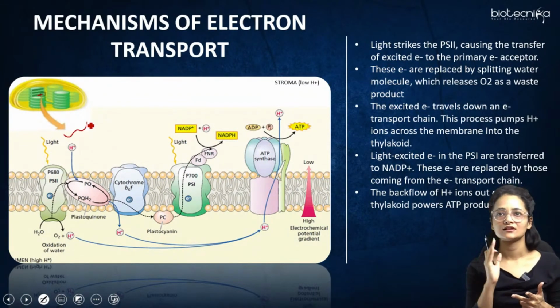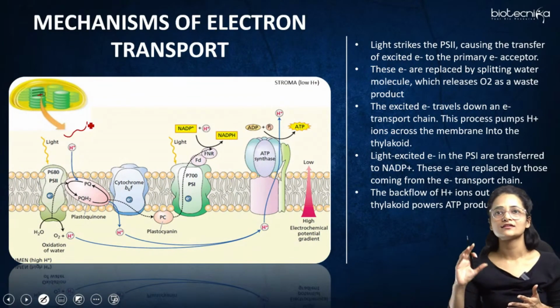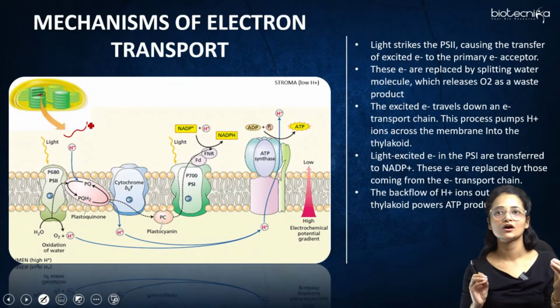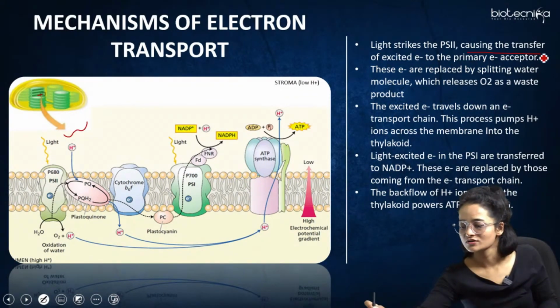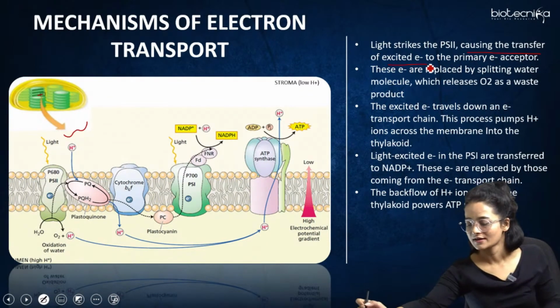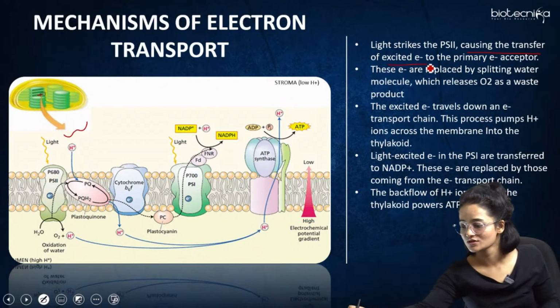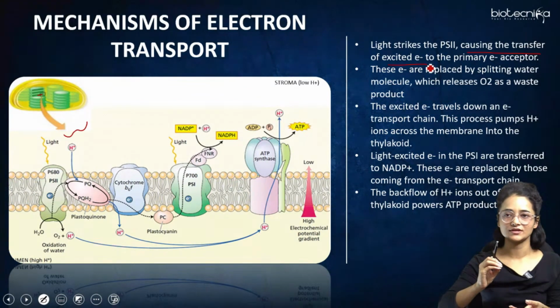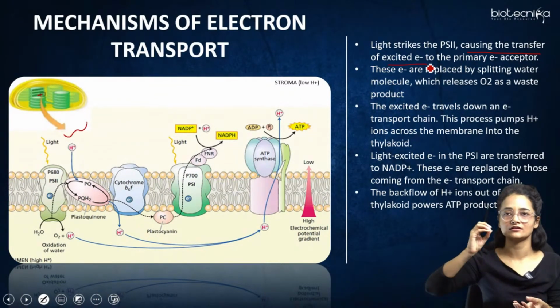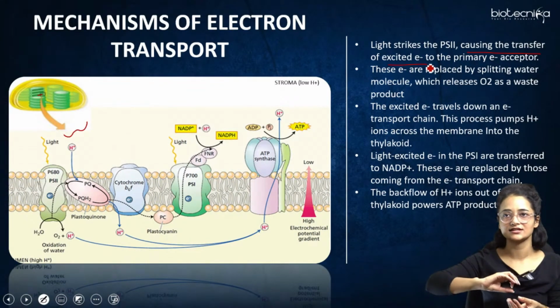Light strikes PS2, causing the transfer of an excited electron to the primary electron acceptor, right? So the electrons are transferred from PS2. When the light strikes PS2, the electron gets excited, moving from a lower excited state to a higher excited state.